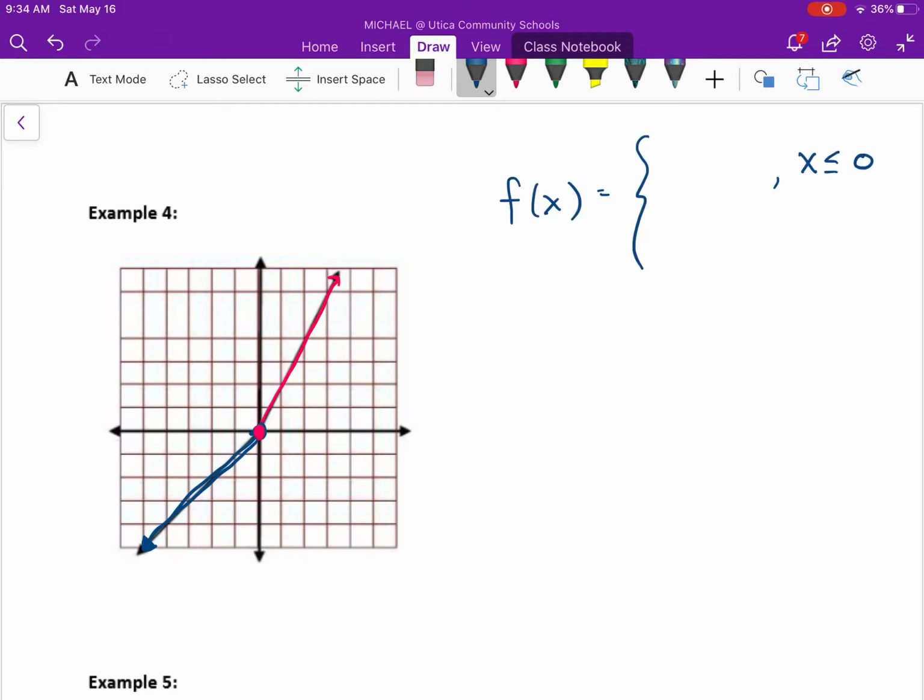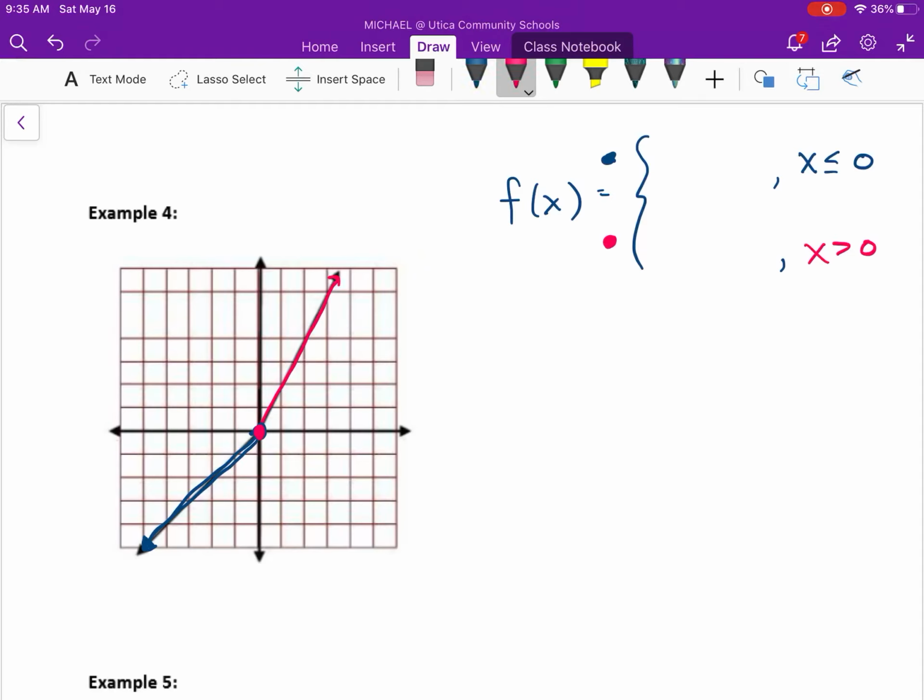So the blue function exists when x is less than or equal to 0. And the pink function exists when x is greater than 0. And like I said, this equal sign could have gone to the pink function because it's the same point. Okay, so let's see what the equations are.